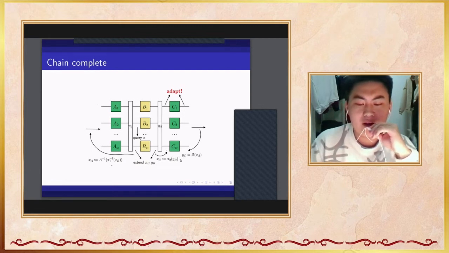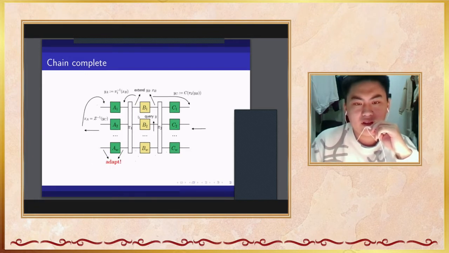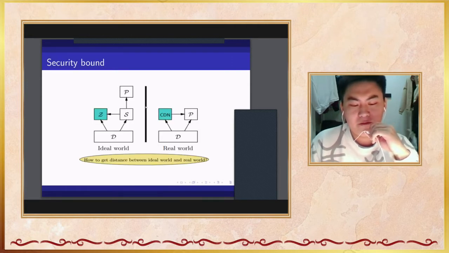Then the simulator queries the random permutation to get yc. Finally, at the last layer of the X-box, the simulator makes the adaptation by using xc and yc. If the distinguisher makes a query y, which is one of the outputs of the second layer X-box, it is similar to the situation we talked about.